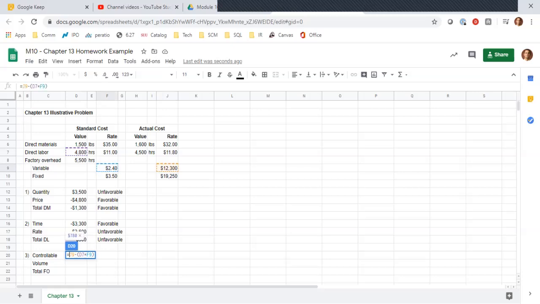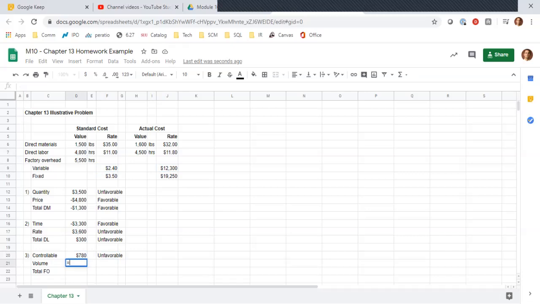I have an extra parenthesis in there, so let's get rid of that. And we have a $780 variance. So this variance is, we took our actual cost less our standard cost and came up with a positive number. So that means our actual cost was more. So this is an unfavorable variance.